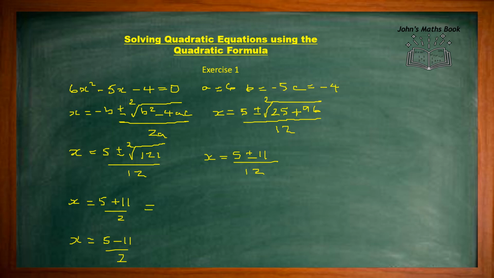So 5 plus 11 is 16. 16 divided by 12 is equal to 4 divided by 3. 5 minus 11 gives us minus 6 divided by 12, which is equal to minus a half. So the two values of x are x is 4/3 and x is minus a half.